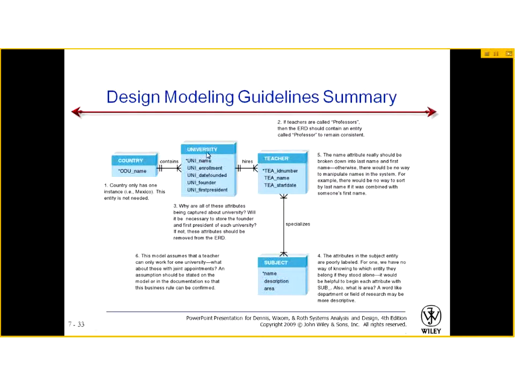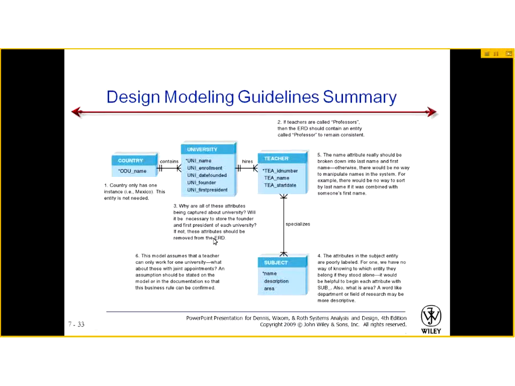Now, the third problem: if you look at this university entity, there are certain attributes: university name, enrollment, date founded, university founder, university first president. The question is, why are all of these attributes being captured about university? Will it be necessary to store the founder and first president of each university?